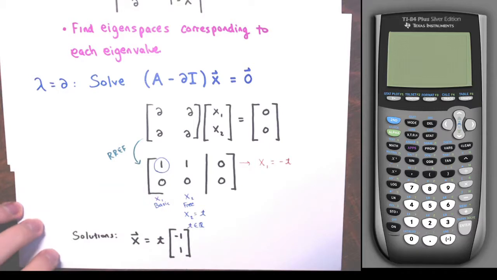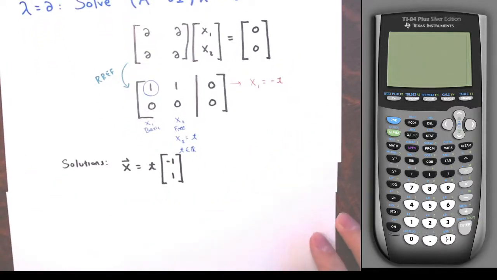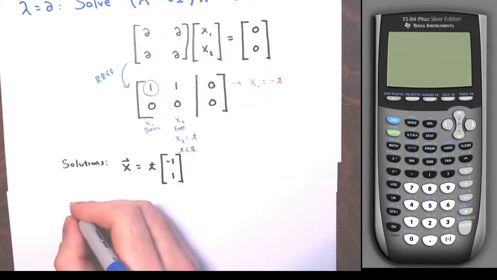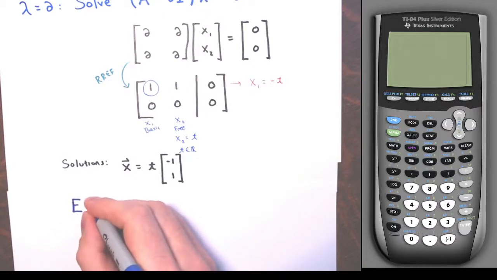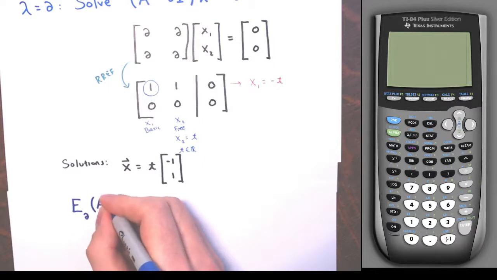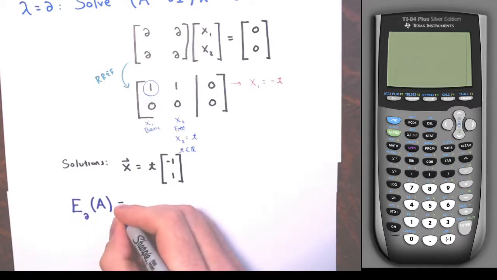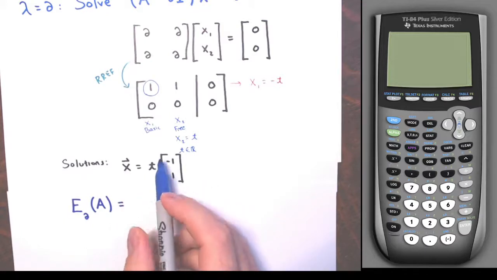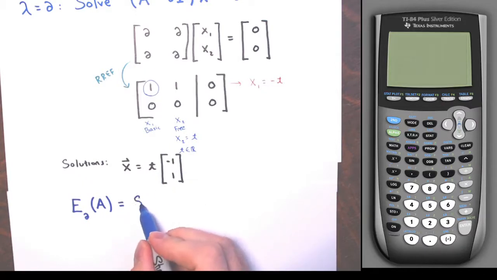There's a -1, 1. But I can use this to write the eigenspace corresponding to lambda equals 2. Again, it's just the null space of A minus 2I. So the eigenspace, remember that was an E with a subscript of 2, of matrix A, the eigenspace of A corresponding to lambda equals 2 is just the span. Every single solution to this equation is just a scalar multiple of the vector -1, 1.